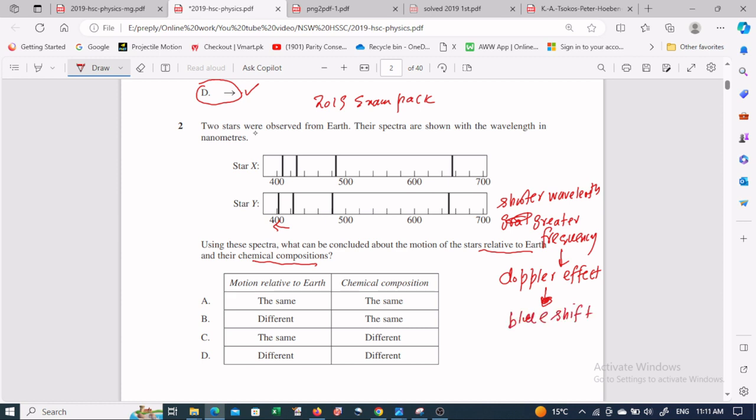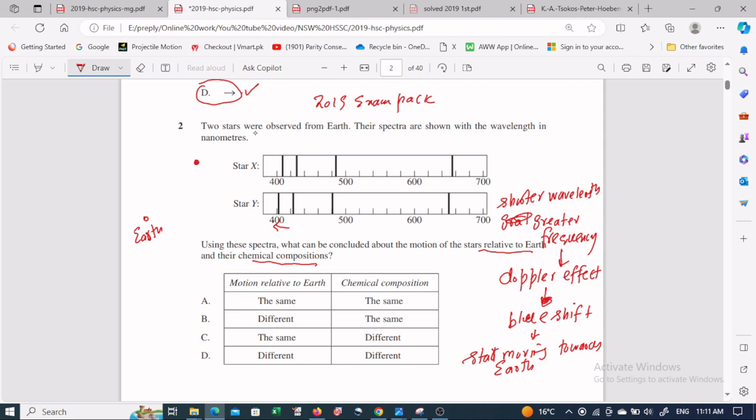Blue shift means the star is moving towards Earth. Why is it moving towards Earth? Because, as we know, the frequency increases. For example, here is the Earth, here is the star.